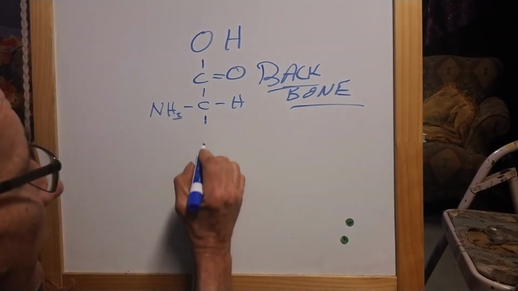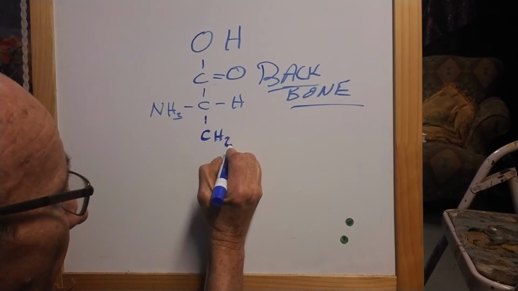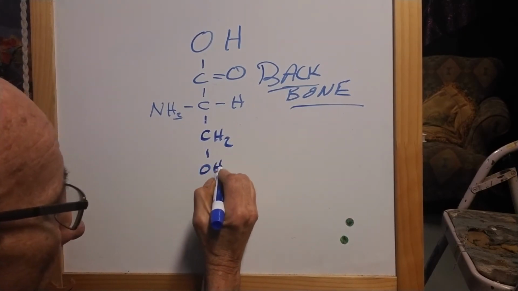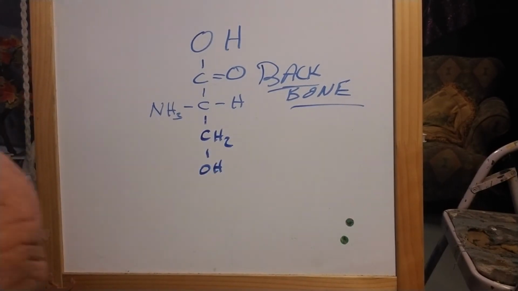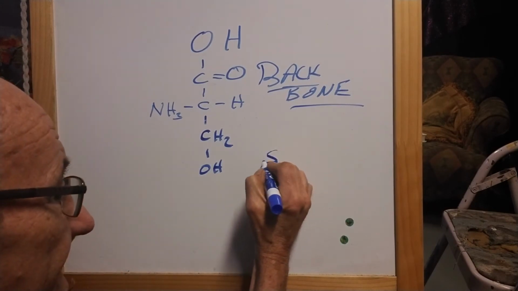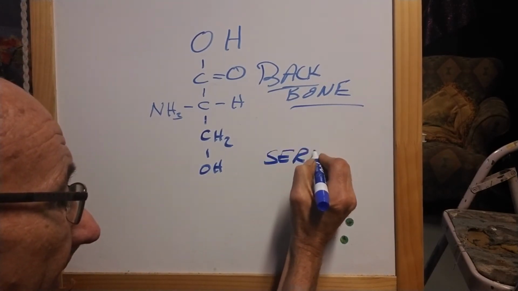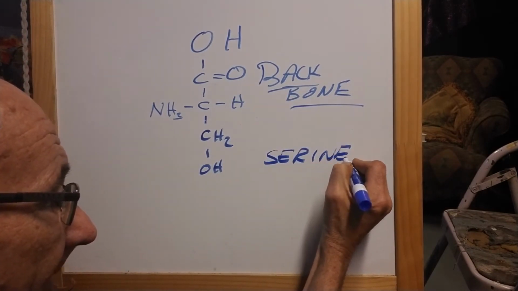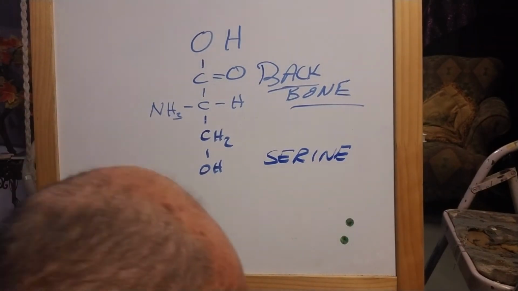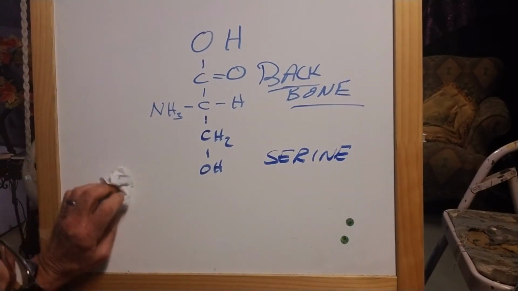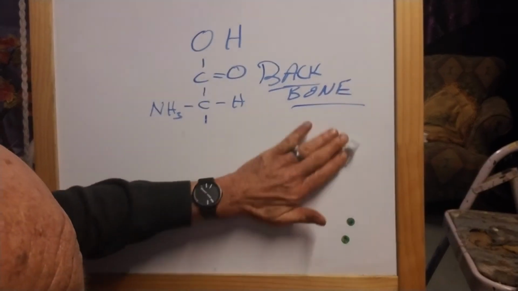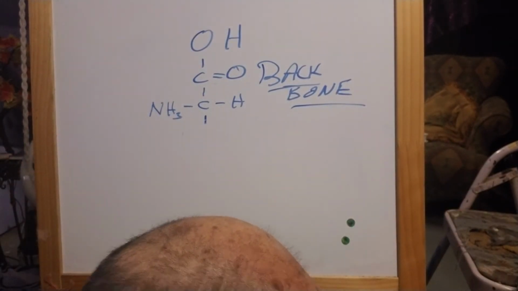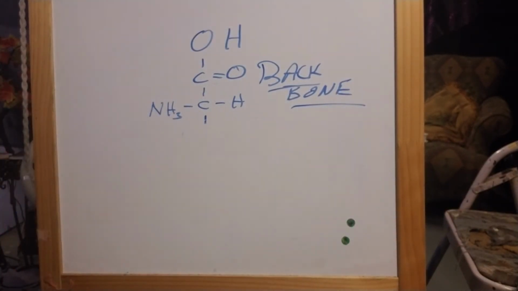Then we have CH2 with an OH. This is called serine. All right? Serine is a non-essential.